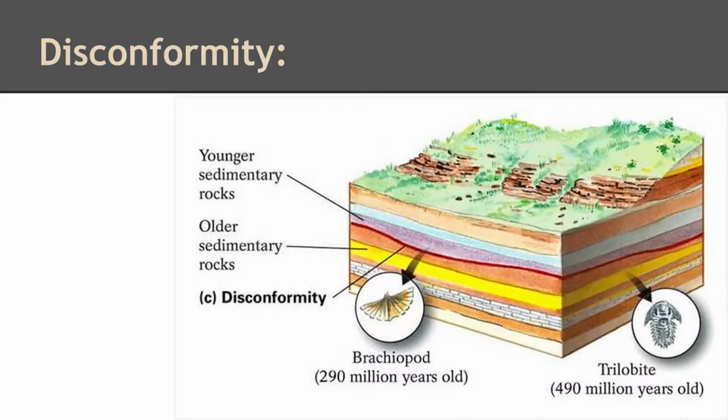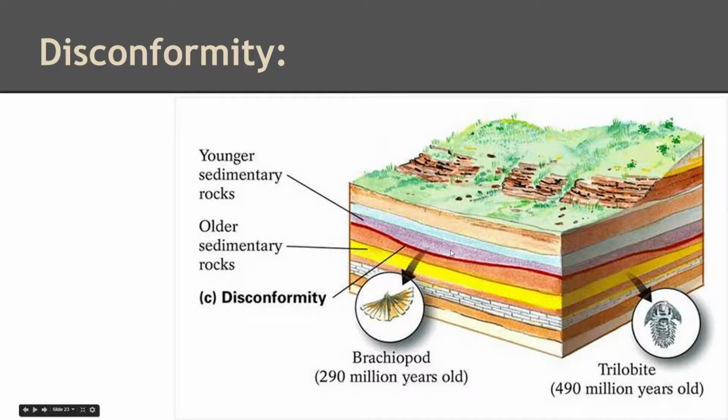Disconformities are hard to find a visual representation for because the layers are typically still horizontal. So you can't just look at the rock layers and identify a disconformity. But in this case, we're looking at an image of one, and we have this moth type thing labeled as 290 million years old in the purple layer, and then just below the red line we have a trilobite that's 490 million years old.